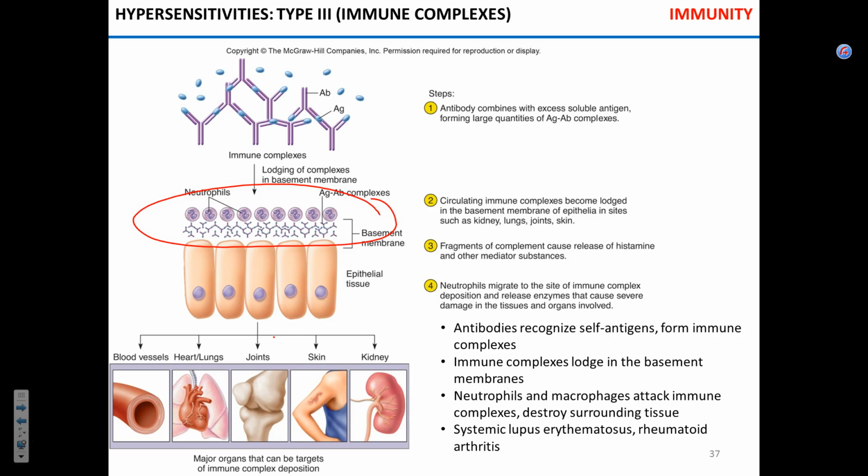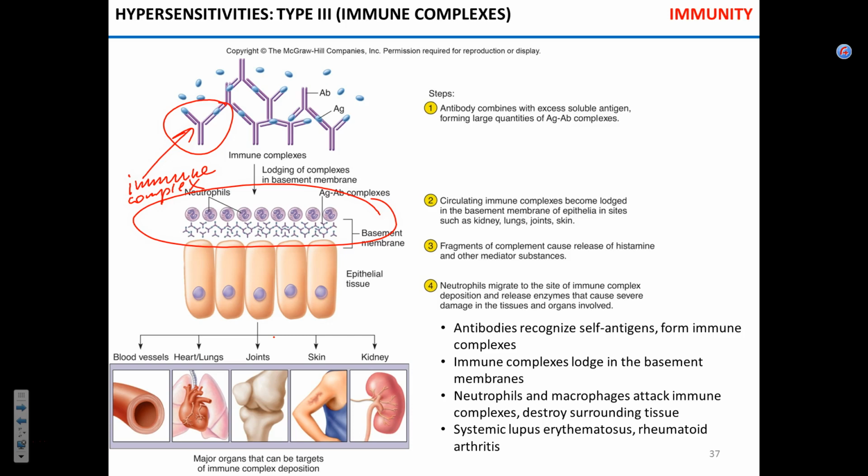And those immune complexes, you see that's the immune complex, get lodged in the basement membranes, membranes that separate epithelial cells from the connective tissue.